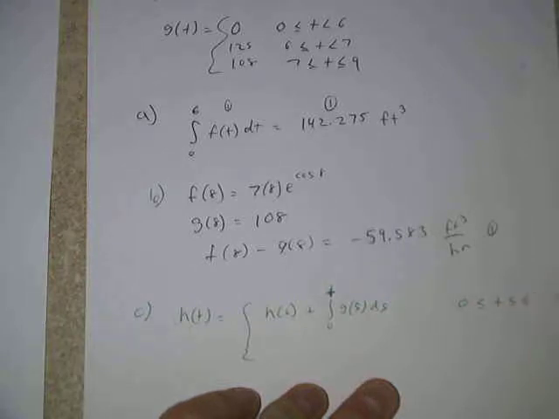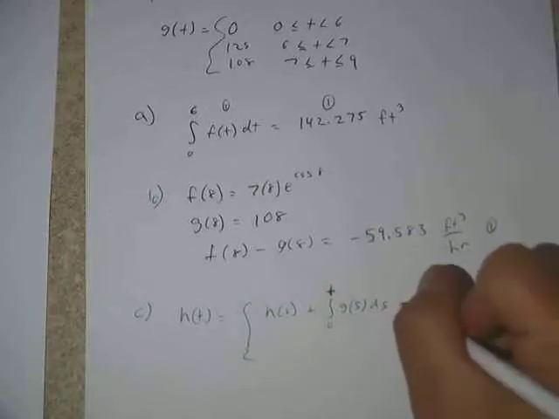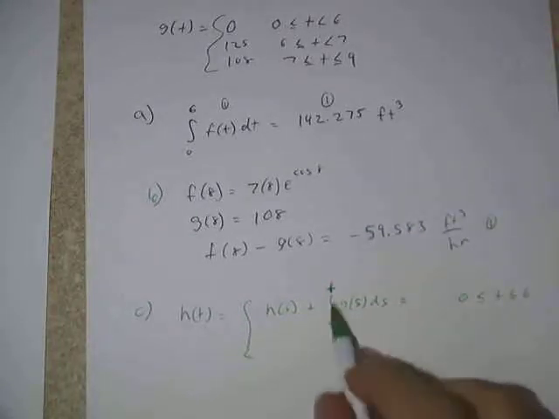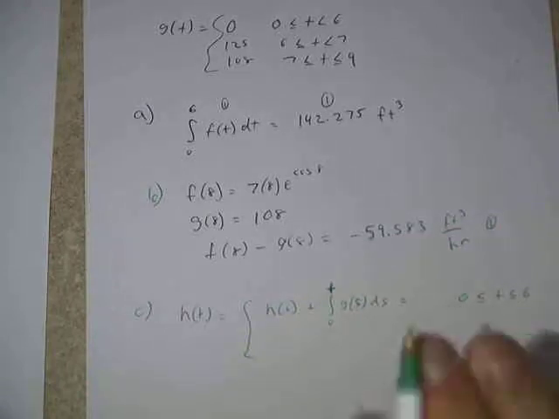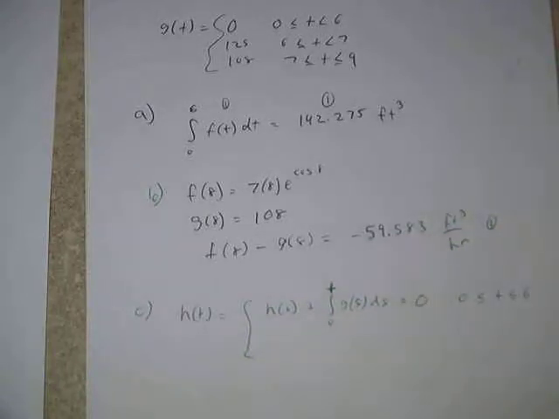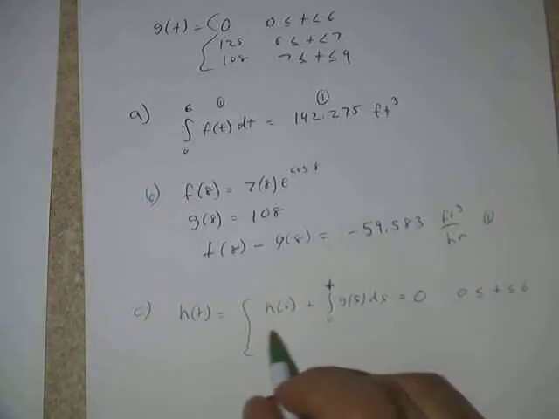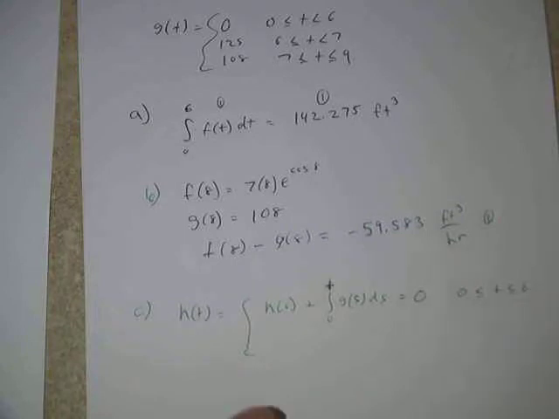So this h of t is going to be this for the first part, and again, this is on time 0 to 6. Which ultimately results in what expression? If we go 0 to 6 here, how much snow got removed during that time frame? Yeah, none did. So ultimately, our amount of snow removed during that time frame is none.